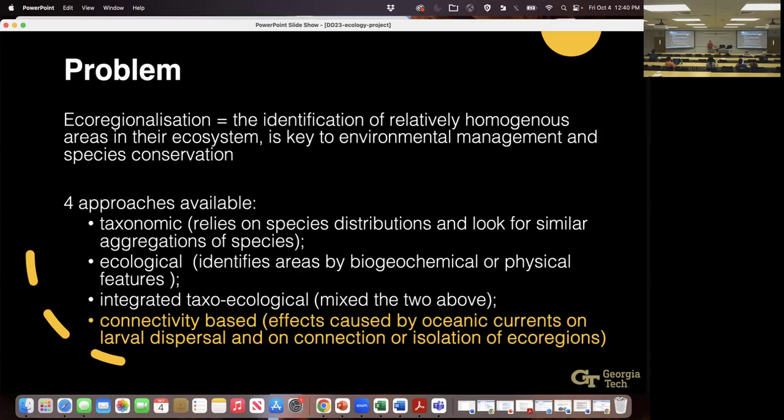And the reason is very simple. If you have a system and that system is a little bit endangered for whichever reason, if that system can receive a bunch of larvae from similar ecosystems further away, that system has the opportunity to rebuild itself because it gets fresher genetic material from another place. This is especially true for corals.